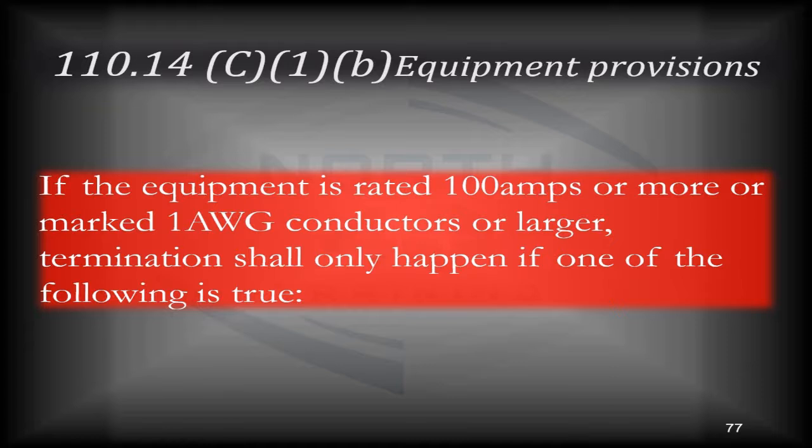110.14(C)(1)(b). We were just talking about A, now we're in B, and we're dealing with equipment provisions. If the equipment is rated over 100 amps, or marked with 1 gauge conductors or larger, termination shall only happen if one of the following is true.